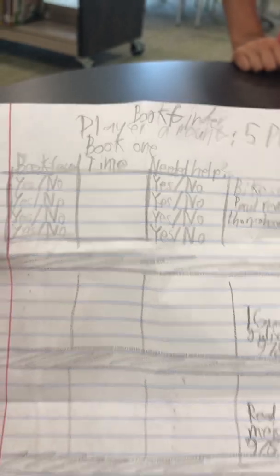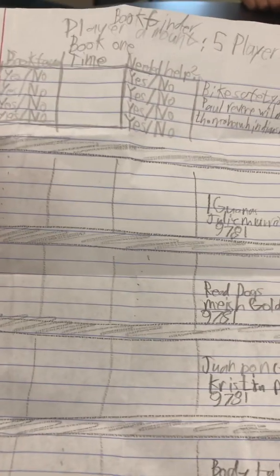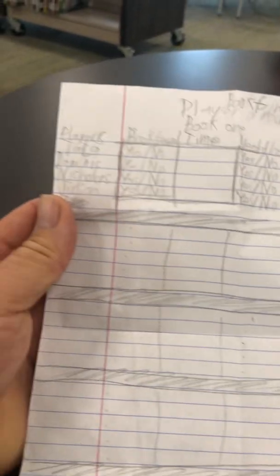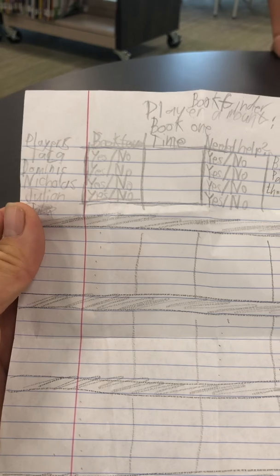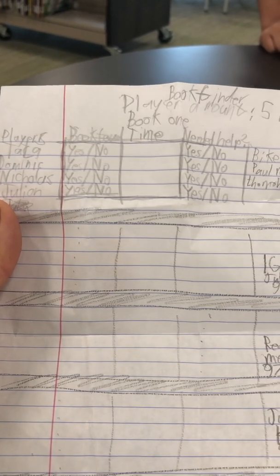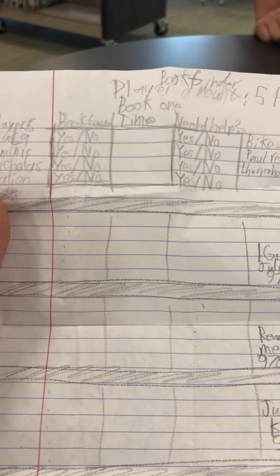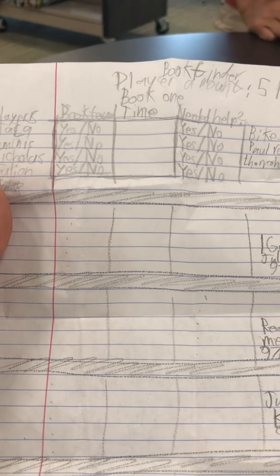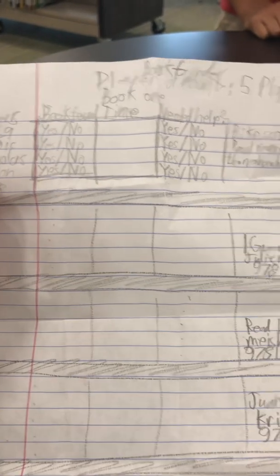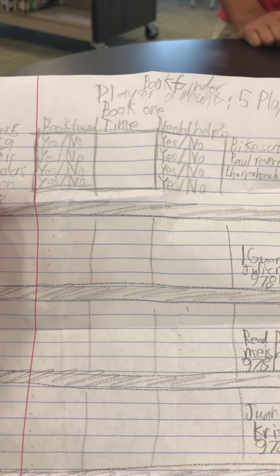Now there's 1, 2, 3, 4, 5 tables like this, and our goal will be to have each player go and find a book and obviously find it, present it to Julian so he can confirm yes, that's the book. And then we're gonna ask that they return it exactly where they found it.